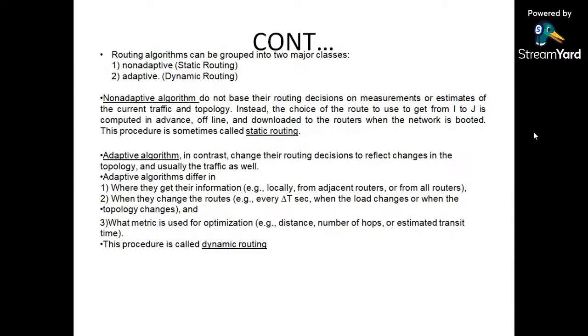They also differ in when they change the routes: every T seconds, when the load changes, or when the topology changes. And what metric is used for optimization, for example distance, number of hops, estimated transit time. This procedure is called dynamic routing.